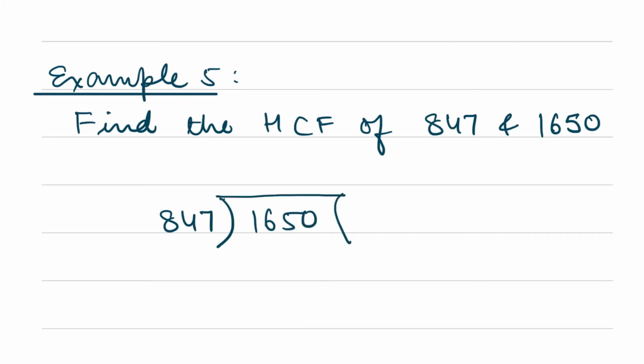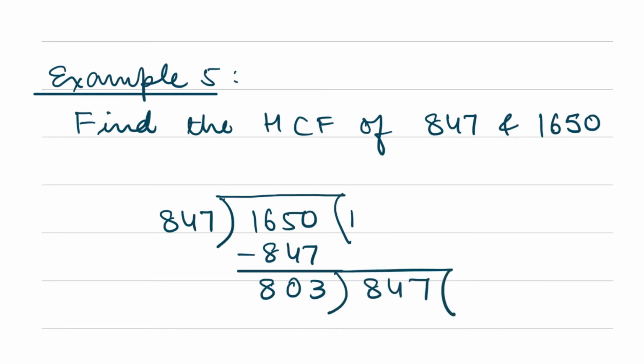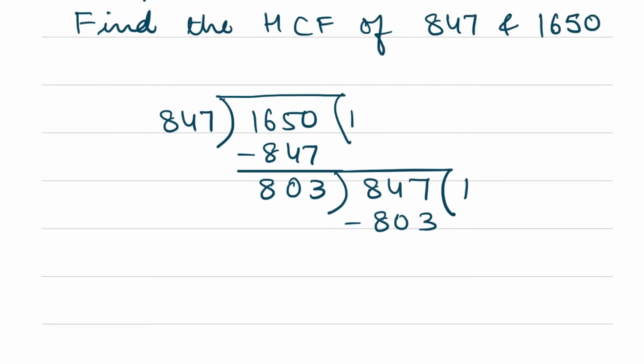So we have 1 time 847, subtracting, we get 803. This becomes the divisor and the previous divisor becomes the dividend. So we have 1 time again 803, subtracting, we get 44.